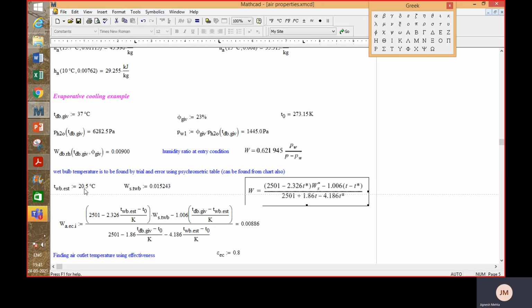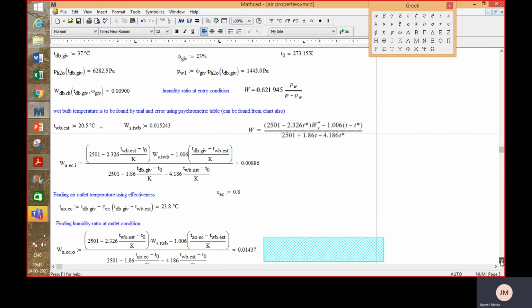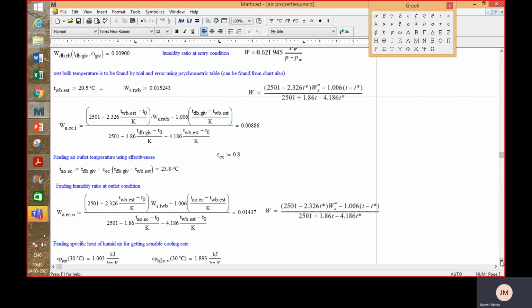If you put the 20.5 here and the average value of WS at 20 and 21, then it is 0.015243. And when you put that in this formula, you see that W is 0.00886, which is quite close to 0.009. So your wet bulb temperature is quite close to 20.5. So with the help of formula, you can also get an estimate of the wet bulb temperature.